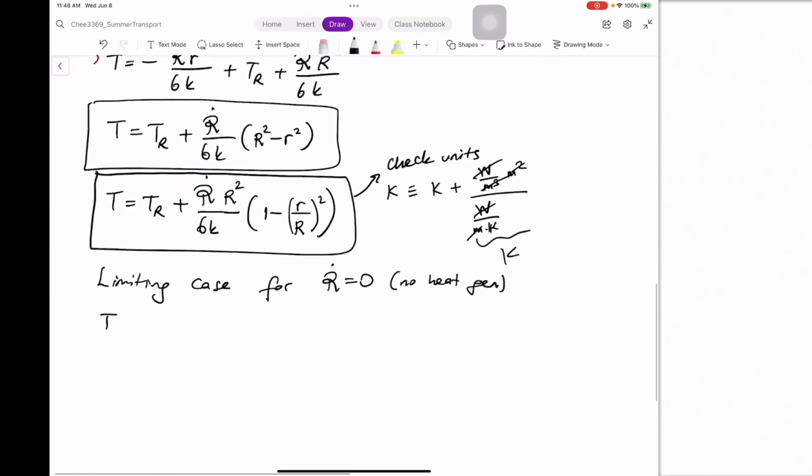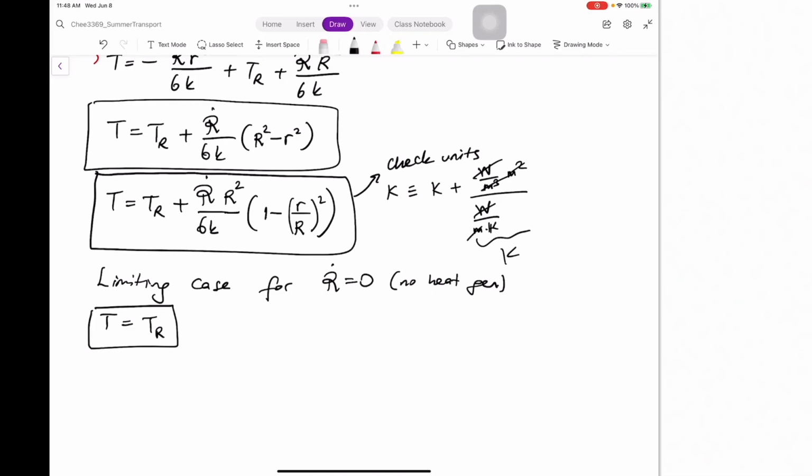You can actually get an idea about another type of system where you don't have any generation. T comes out to be TR.